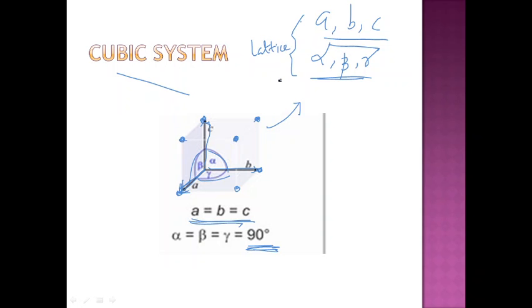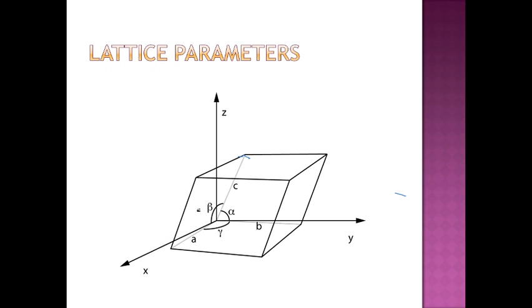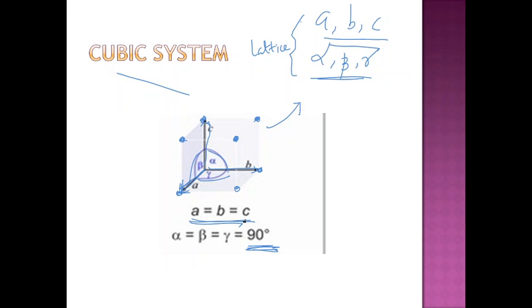So you can construct it in different ways, as shown in this picture. Here you have one kind of unit cell. Here you have a cubical type of unit cell. So effectively you can construct very different types of unit cells just by varying these lattice parameters.